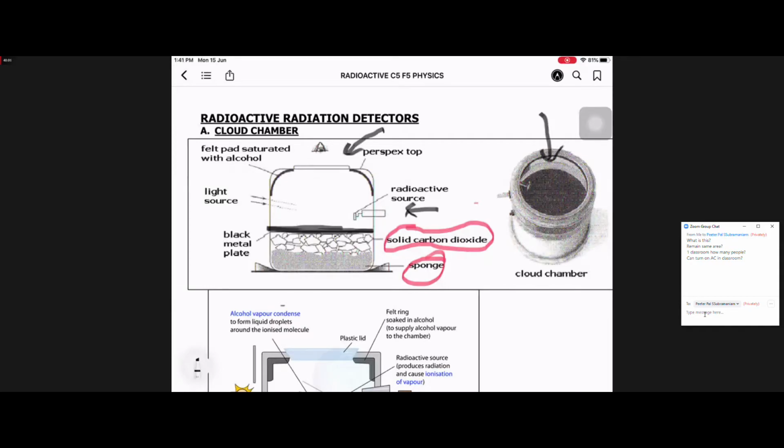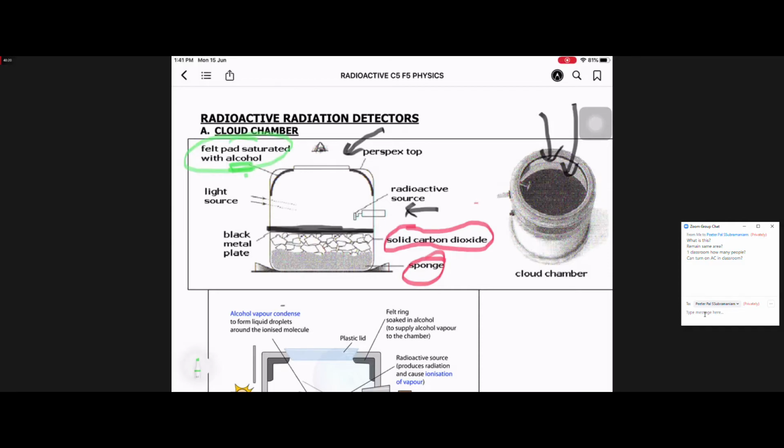The size can be like a medium rice cooker size, right? And then at the side here, see carefully, we have this felt pad saturated with alcohol. This is how a cloud chamber looks like.